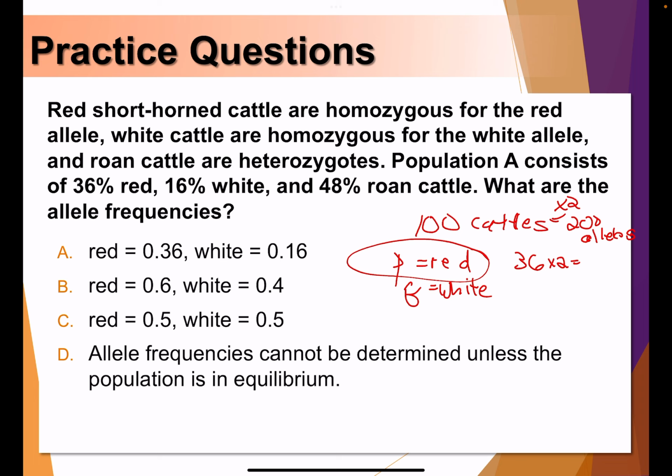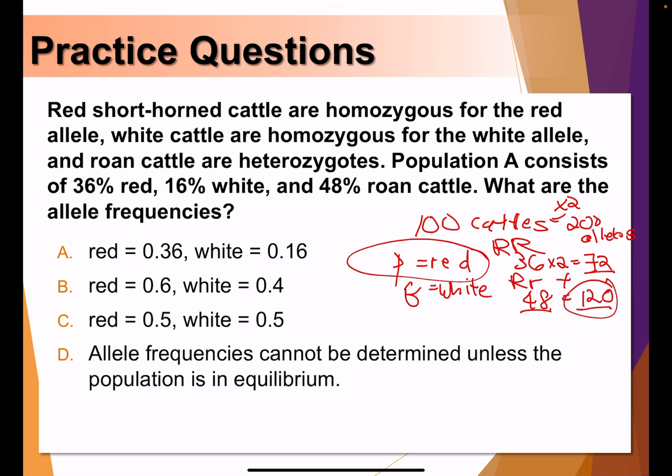Let's say it was RR or something, that gives them red. So that is your 72. And then let's say roan is heterozygote. So 48 of those are your roan color. Okay, so 72 plus 48 added together gives you 120.